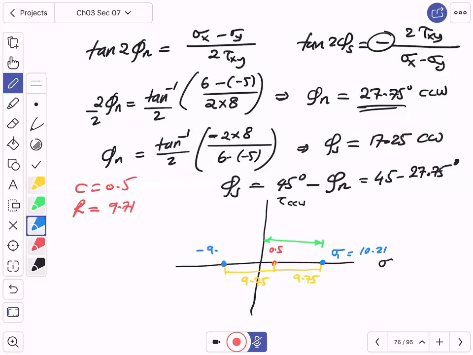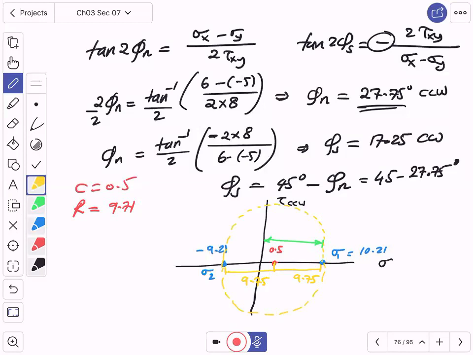Do you understand? Now if you have a compass, you will be able to draw the circle. We're done, right? You don't need to struggle.